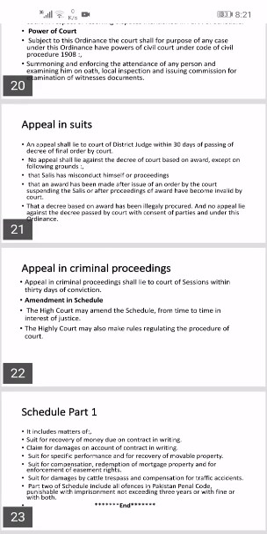Amendment in Schedule. The High Court may amend the schedule from time to time in interest of justice. The High Court may also make rules regulating the procedure of court. Schedule Part 1.